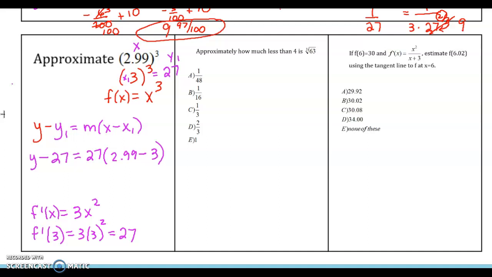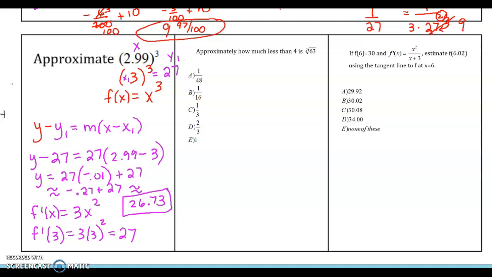All coincidences. So y equals 27 times negative 0.01, which just moves this over 2 spaces, plus 27. So negative 0.27 plus 27 is equal to about 26.73. That's our approximation.